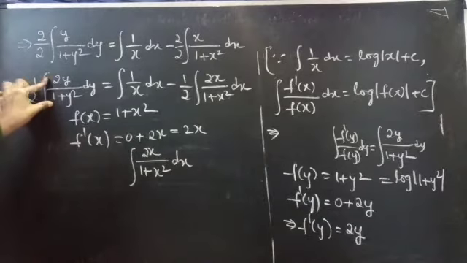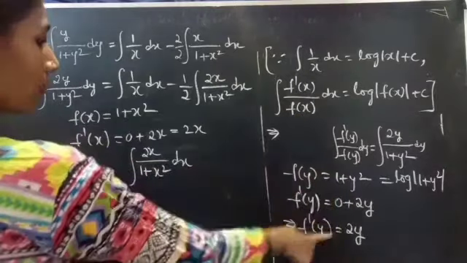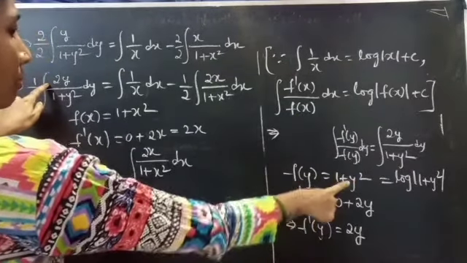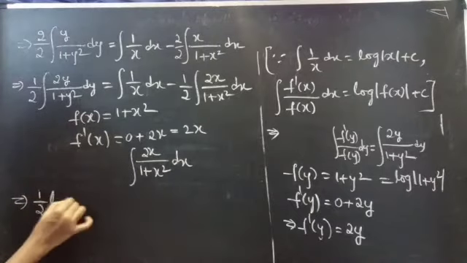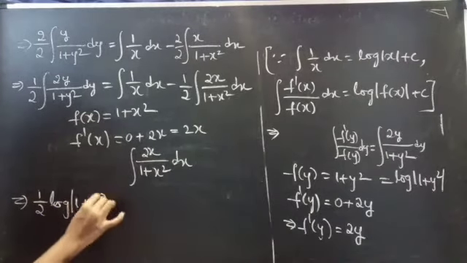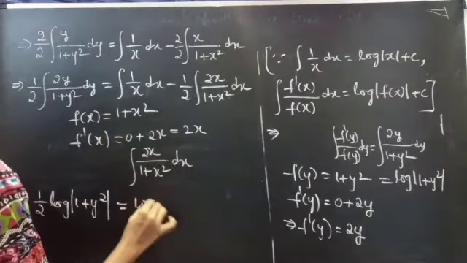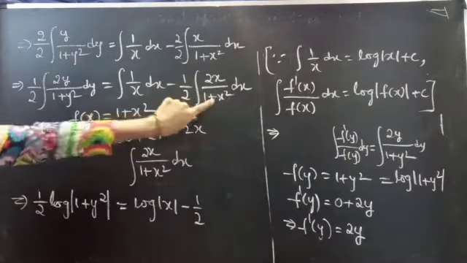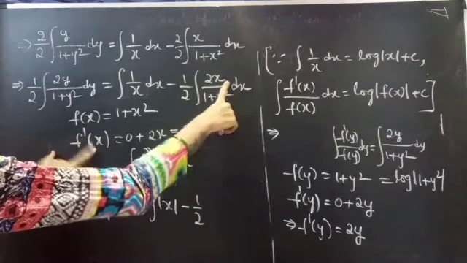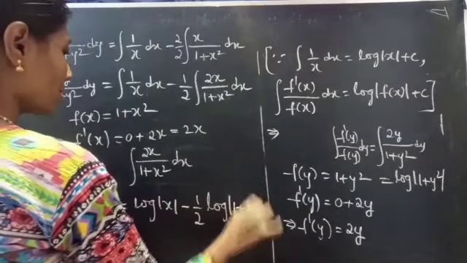So this is of the form f dash of y by f of y, which equals 1 by 2 into log mod 1 plus y square, equals integral 1 by x dx, which is log mod x, minus 1 by 2 into integral f dash of x by f of x, which is log mod 1 plus x square.